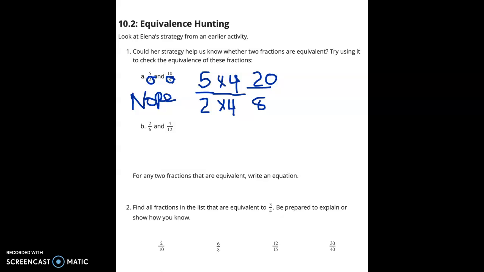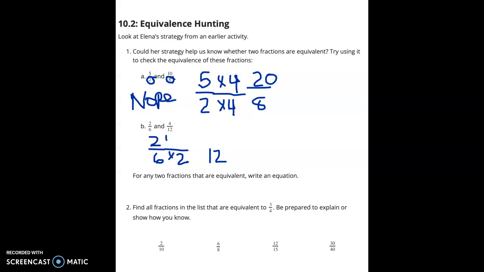Okay, let's try the same strategy, but with 2/6 and 4/12. Okay, what is it going to take for me to get my 6 into 12ths? Well, again, thinking about my multiples and my factors, I know I can get 6 to 12 by multiplying it by 2. So that is 12 on the bottom now.